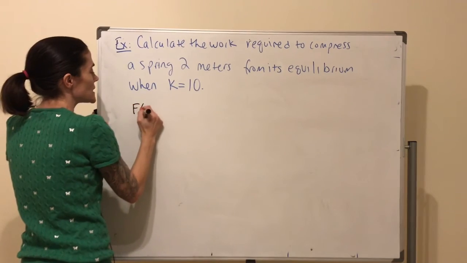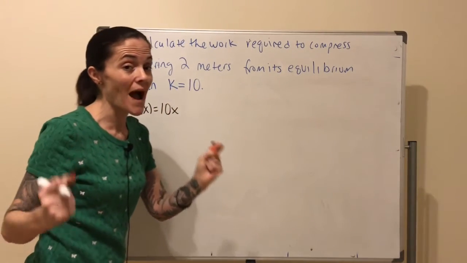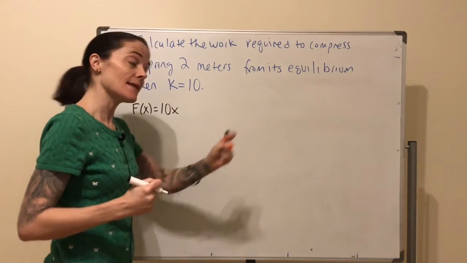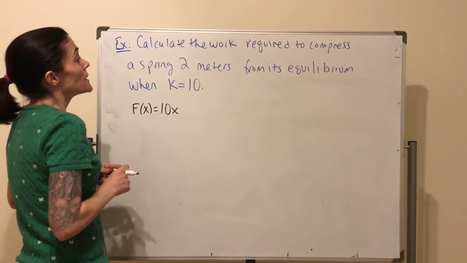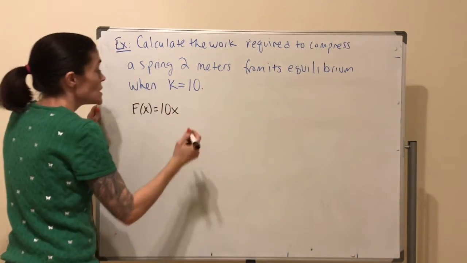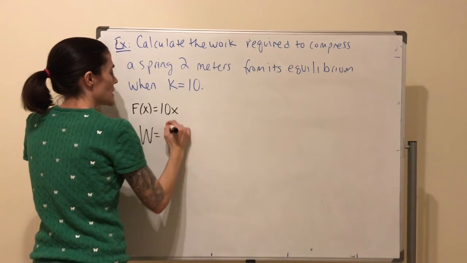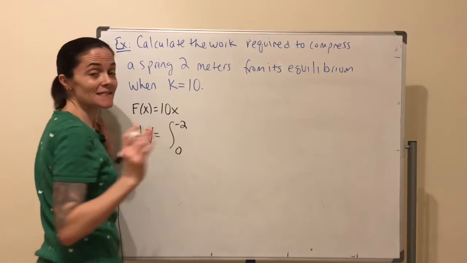Well, the way I've stated it, we have f of x is 10x. This is the force required to hold a spring, either compressed or stretched. Now I'm compressing, so the work would be an integral. We're going from equilibrium to -2 because I am compressing, right?